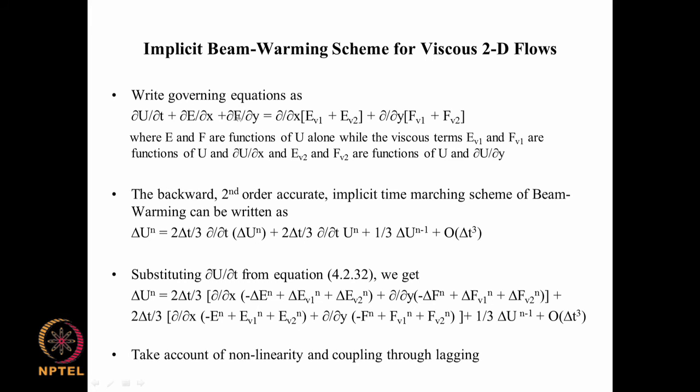That is where these things are, but here Ev1 and Fv1 are functions of u and ∂u/∂x, and Ev2 and Fv2 are functions of u and ∂u/∂y. These are the viscous terms, so you have a second derivative. When you have ∂u/∂y here, you have that term here, and similarly you have ∂u/∂x, and that is also coming here.